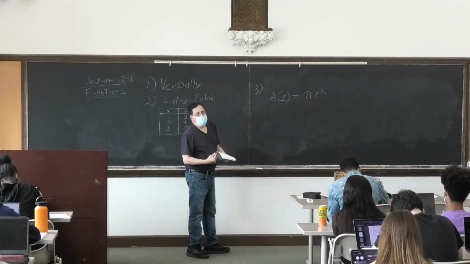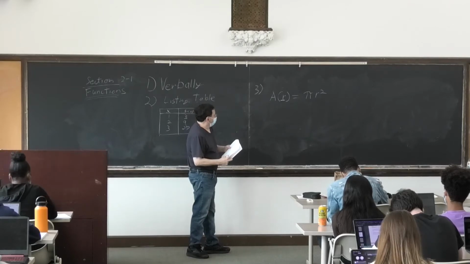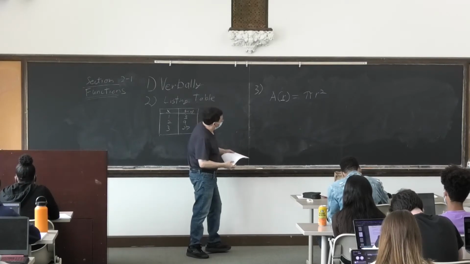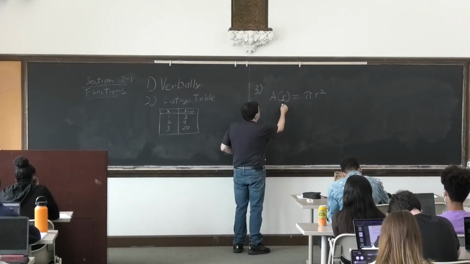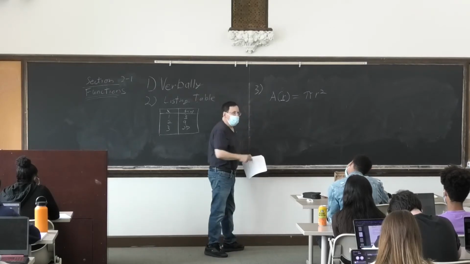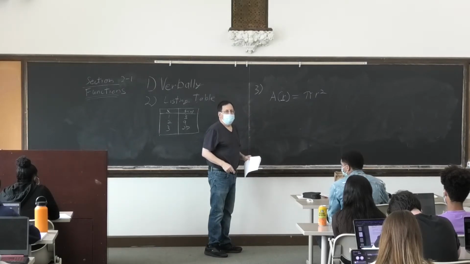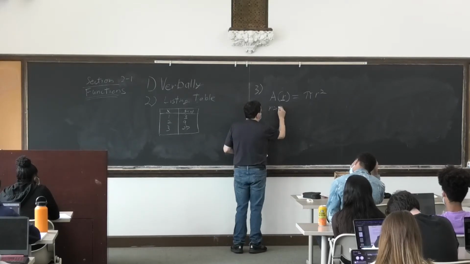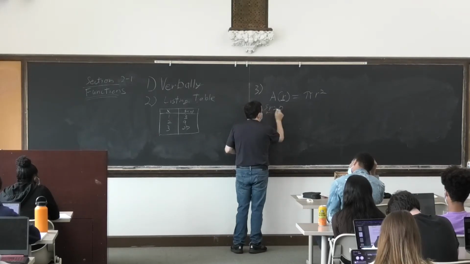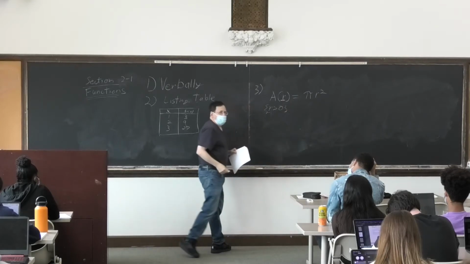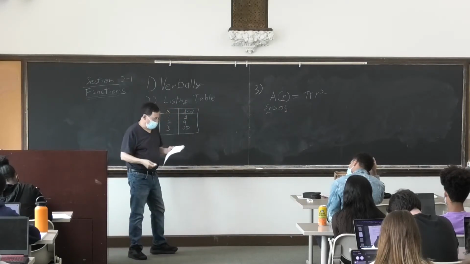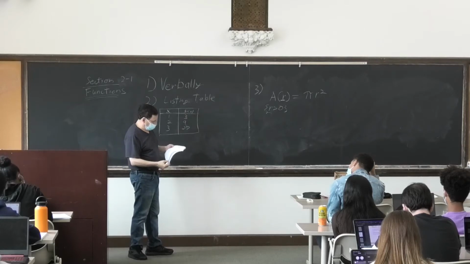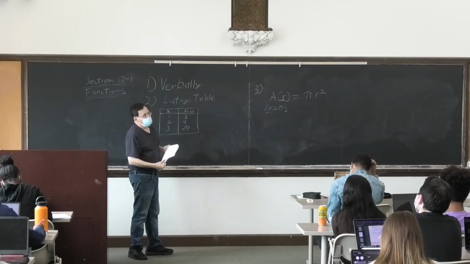So that's another way to describe a function. Again, I really should specify the domain here. I think it's obvious. It's got to be r greater than 0 because I'm in a circle. We don't have circles with negative radiuses or 0 radiuses. But we could.